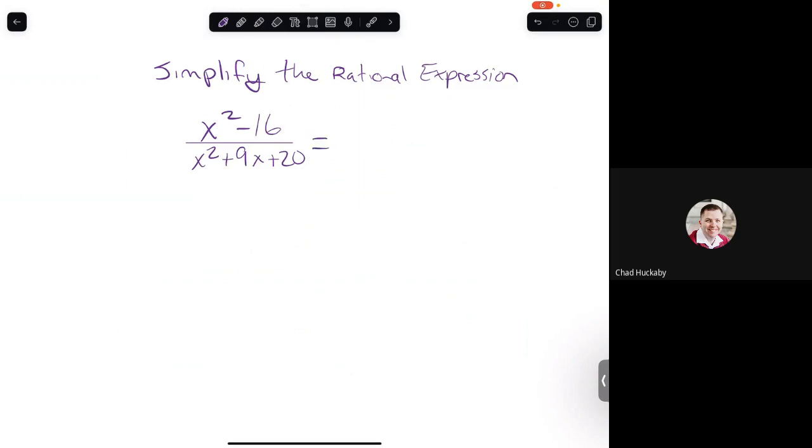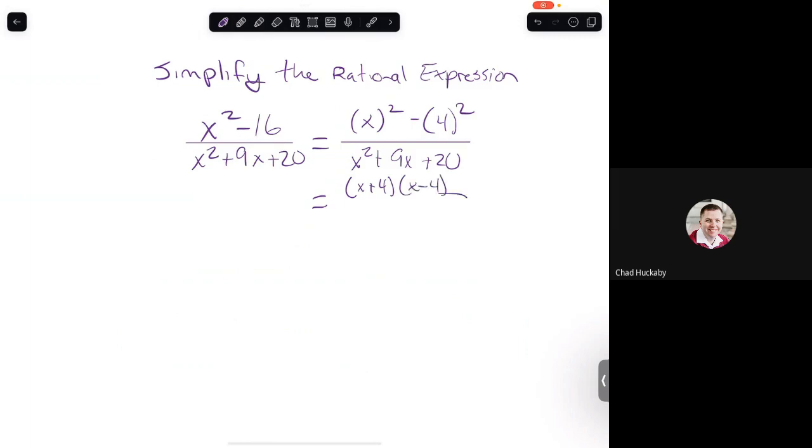How does x squared minus 16 factor? Well, that's equal to x squared minus 4 squared, 4 squared is 16. So we have a difference of squares in the numerator, which factors as x plus 4, x minus 4.